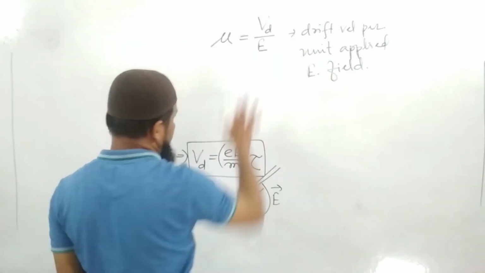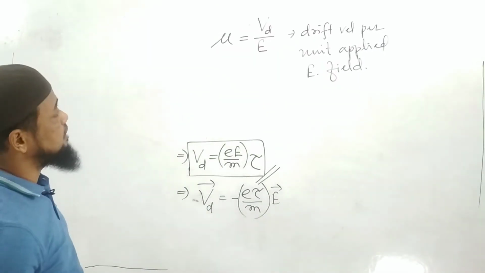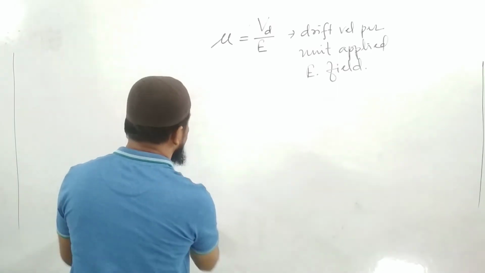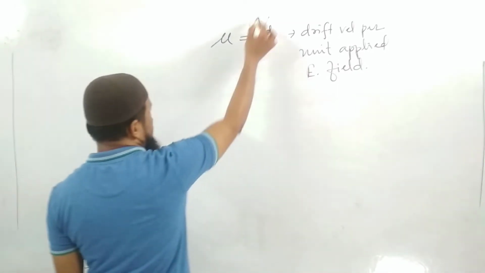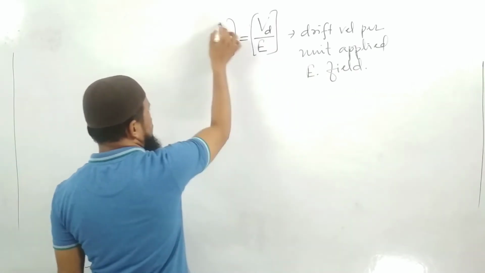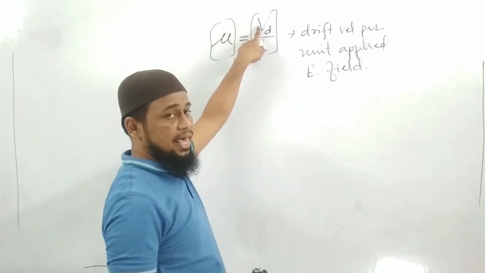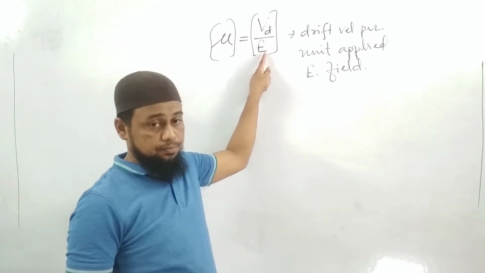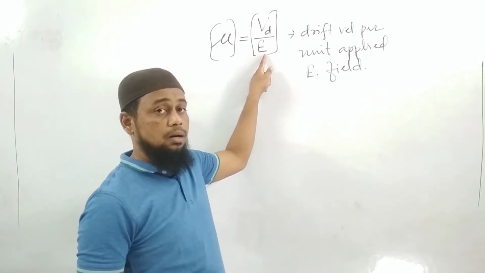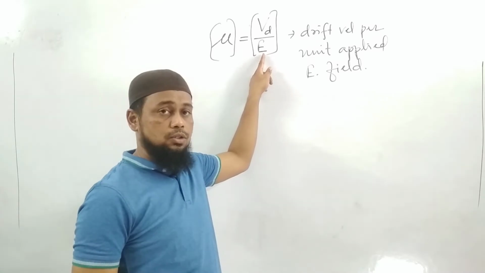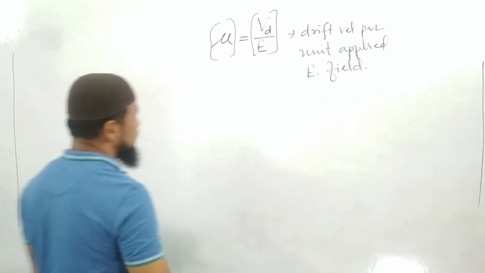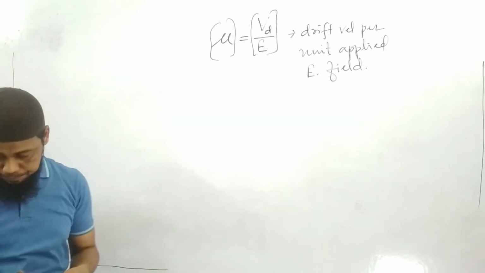What is the unit or dimension of it? You can find it from there. Dimensional formula of mu: this is velocity, LT minus 1, and electric field is Newton per coulomb. Replace coulomb by current into time, and you'll get it. This is mobility.